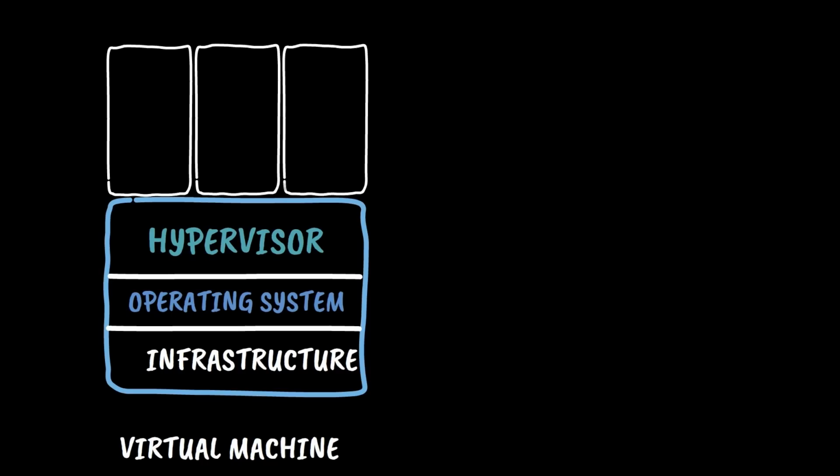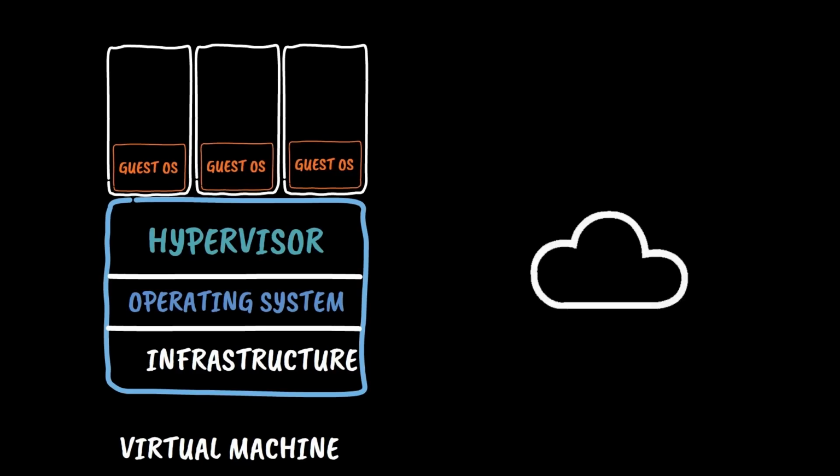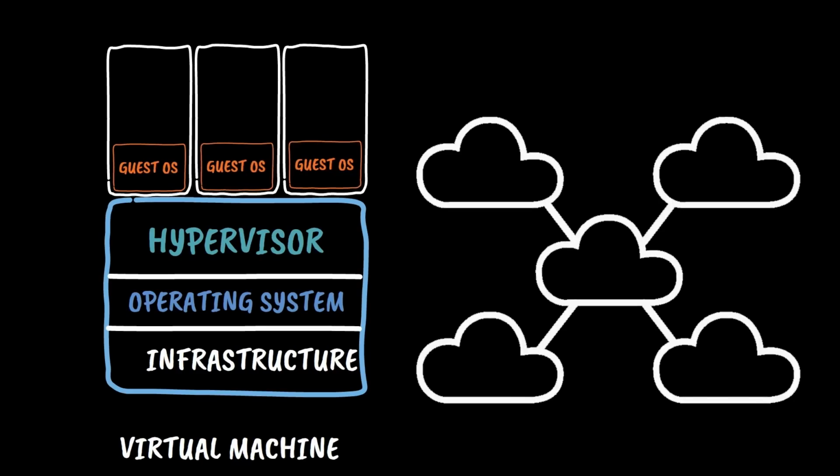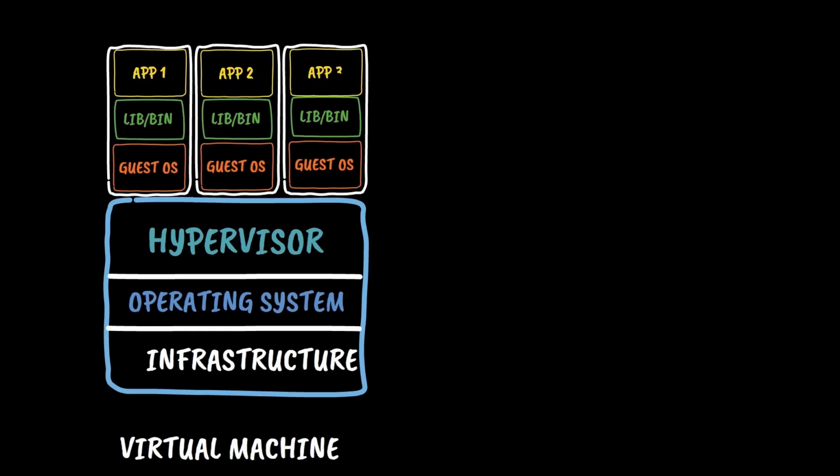When you request provisioning a virtual machine through a cloud console, it lets you provision a guest VM on top of the hypervisor. But at the same time, other users and organizations are also using the same physical hardware underneath with a separate guest VM. Each user installs binaries and libraries on top of it, and then your application.